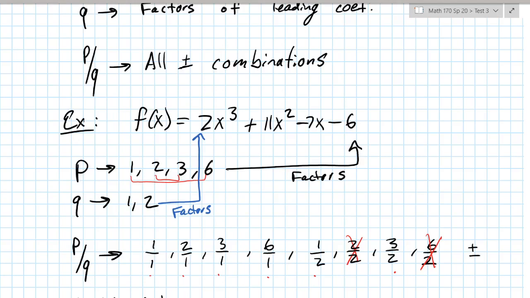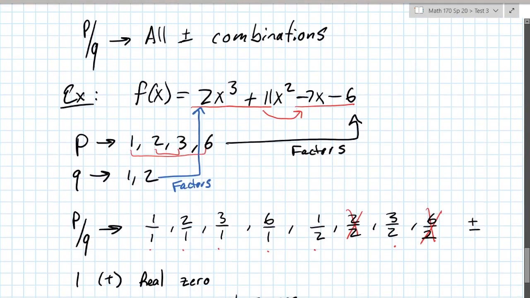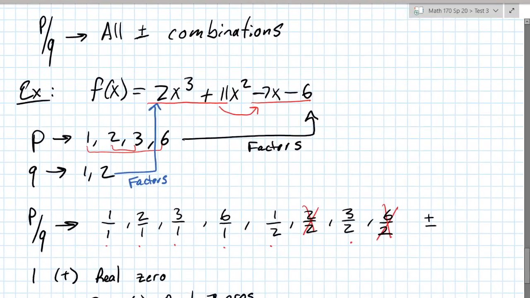Let's take a look at Descartes' rule of signs to see whether or not we should try the positives or the negatives first. So we start off with a positive, and it looks like there's just one sign change. That is one positive real zero. If we write out f of negative x, then all of the odd-powered coefficients are going to change.